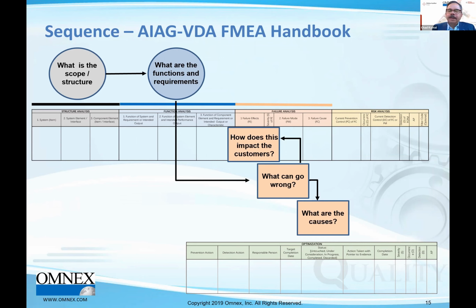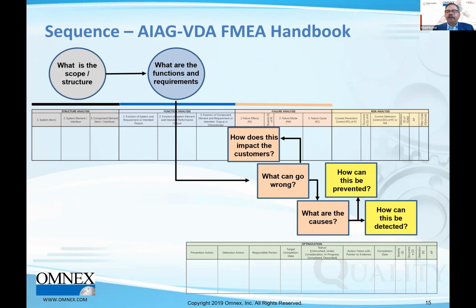So when you say, how does it impact the customer? There comes the failure effect, which gives you the severity, okay? And all right, and then we come up with the risk, which is something very new and everybody's talking about it. So I want you to know about it. It's the action priority.